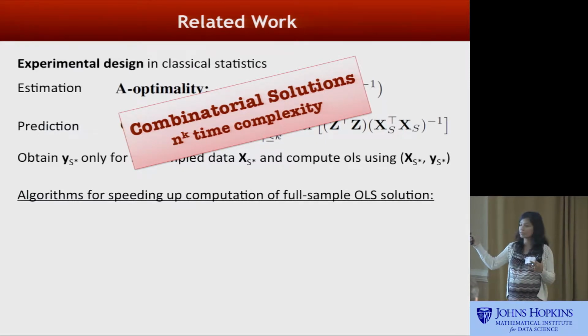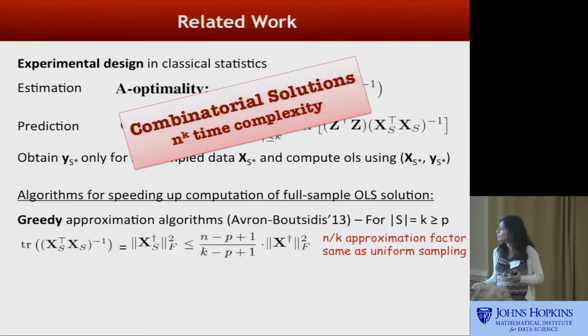But the reason I'll mention some related work here is because some of that work is based on sampling. It says I'll sample some of the rows of this matrix, and they tell you how far the solution using the subset is from the full sample OLS solution. And you can think of that, well, I can use the same algorithm for the measurement constrained setting as well.